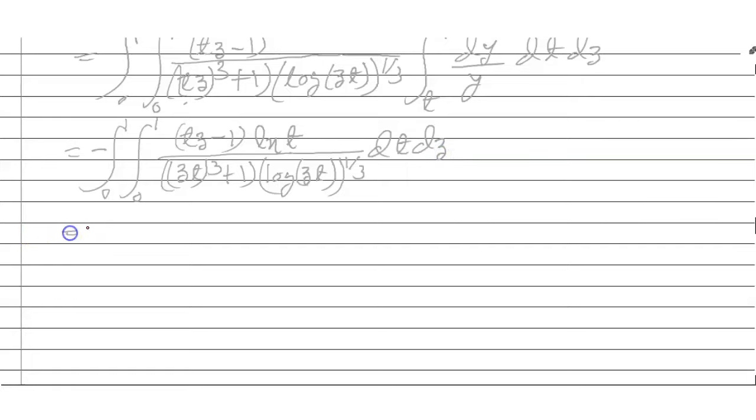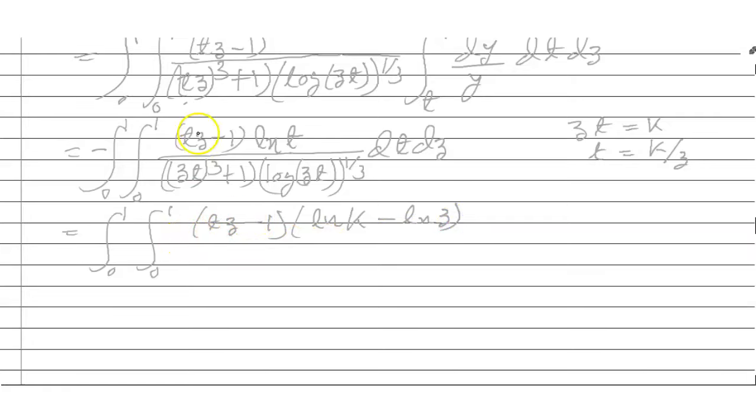And ln t can be written, 0 to 1, 0 to 1, tz minus 1. Let ln t equal ln k, and zt is equal to k, so t equals k by z, so ln k minus ln z.